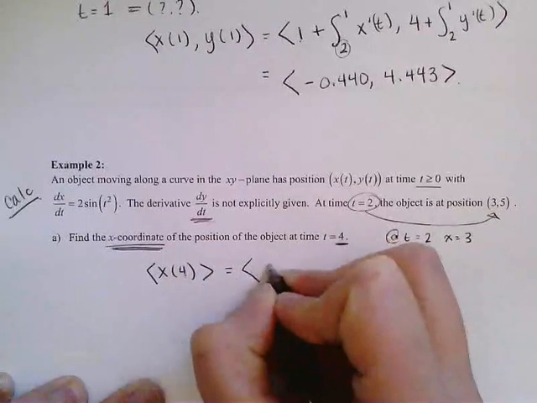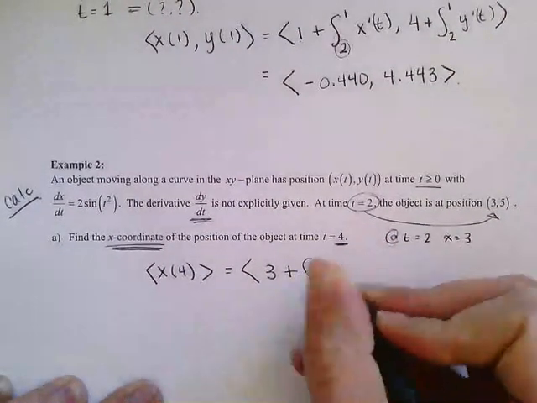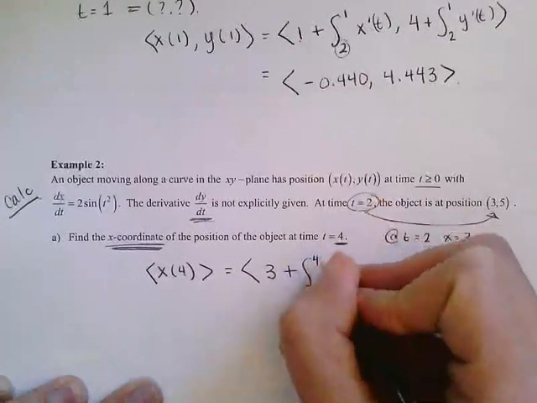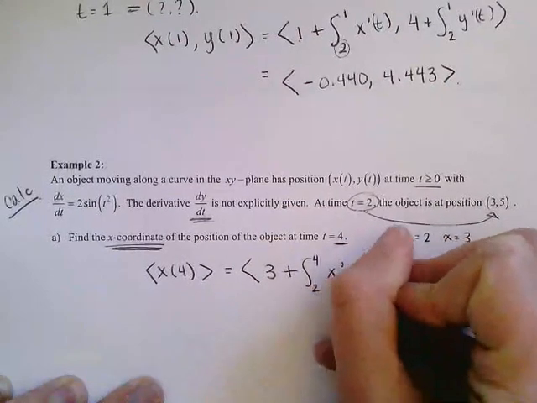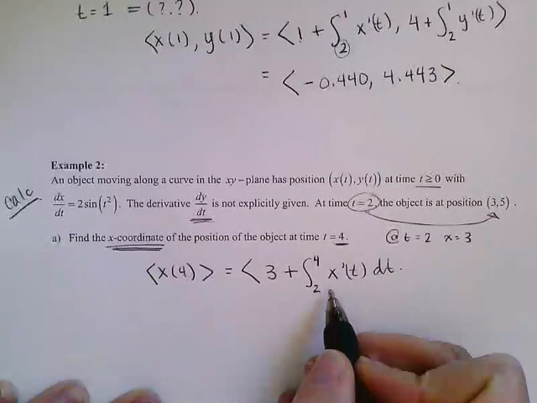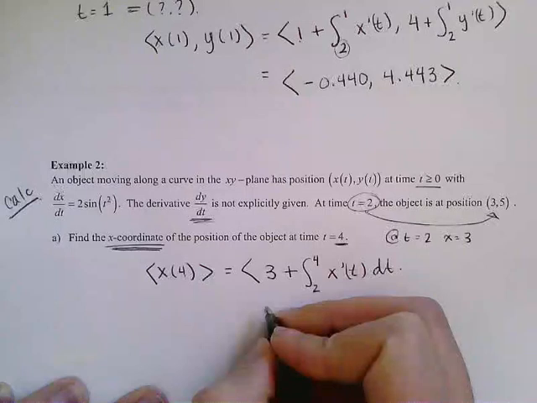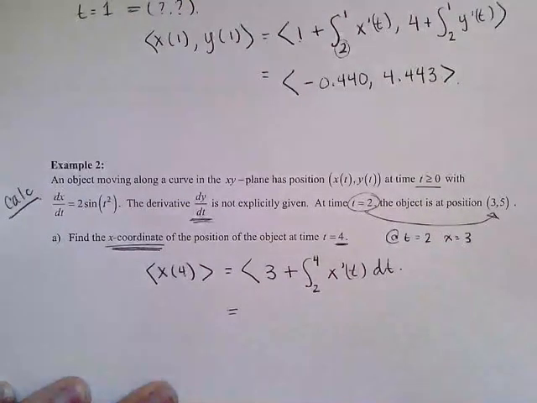So our start is going to be 3 plus the integral from the start to 4 of the velocity function of our object. So you have to go ahead and plug this in.